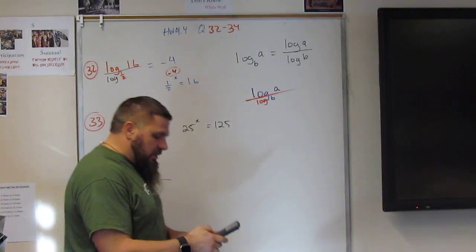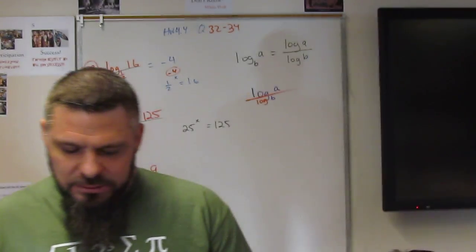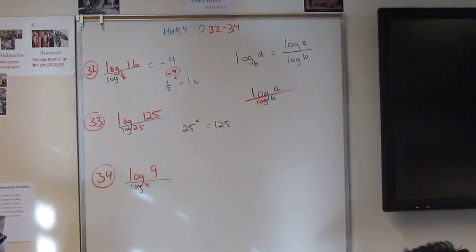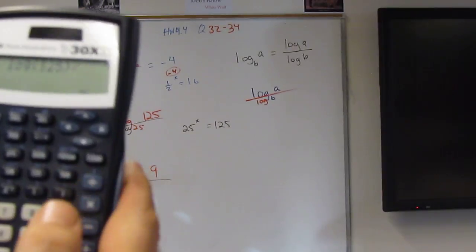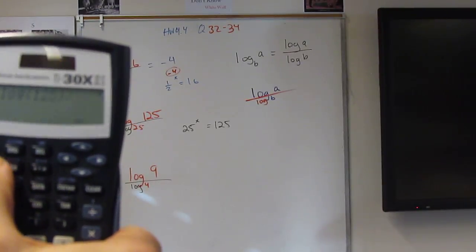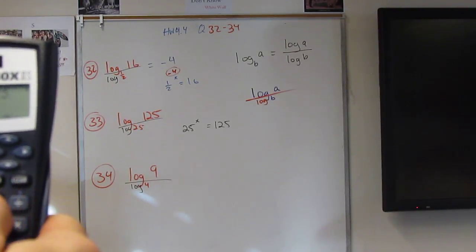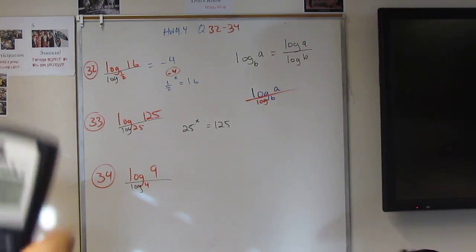So we're just going to go, again, log of 125 divided by log 25 equals 1.5.